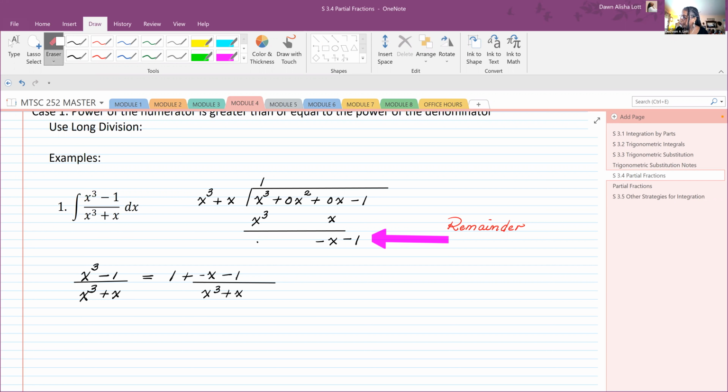All right, so let's separate this into 1 minus x over x cubed plus x minus 1 over x cubed plus x.